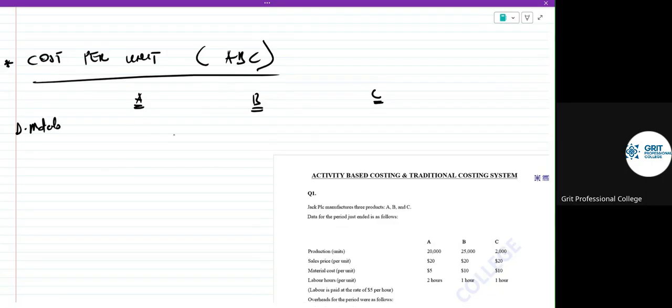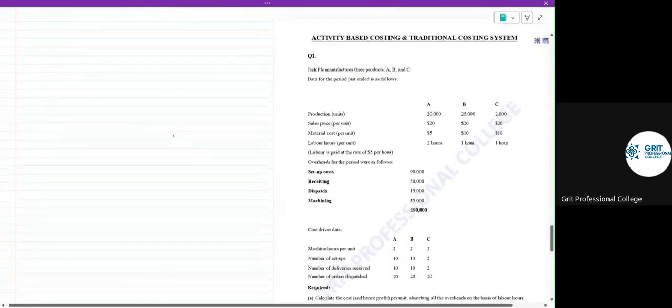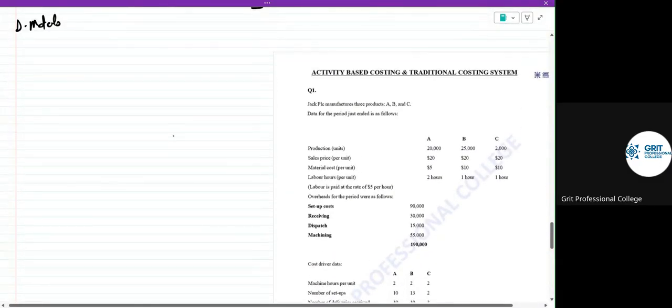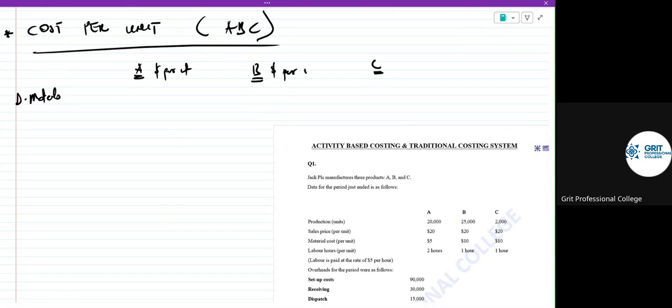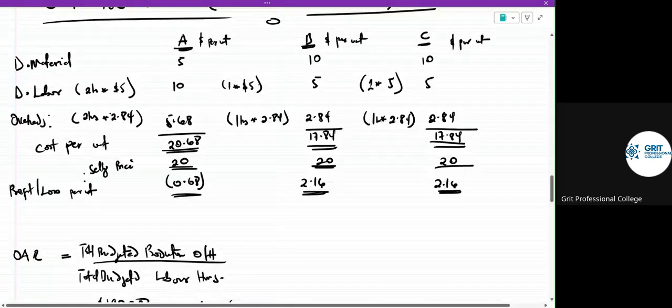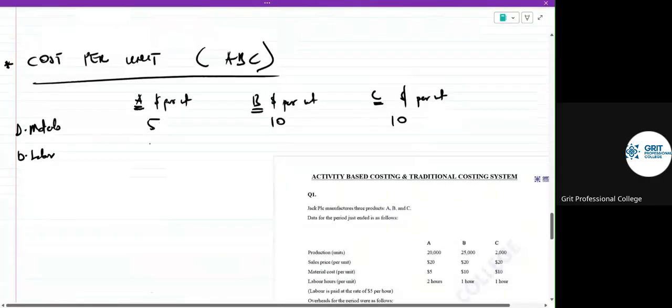Direct materials. How much? 5, 10, 10. Direct labor, same thing. We have already done it, so I can just pick the figures. 10, 5, 5.